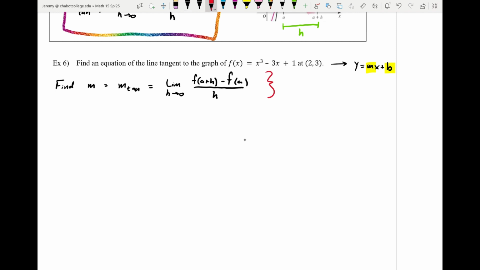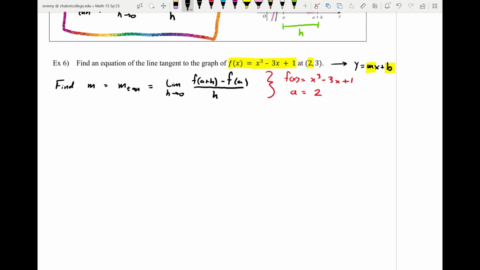And we want to evaluate this when f of x is x cubed minus 3x plus 1. And what is a for this problem? Correct. It's going to be just the x coordinate of the point where we are trying to find this tangent line. So a is going to be equal to 2 in this case.